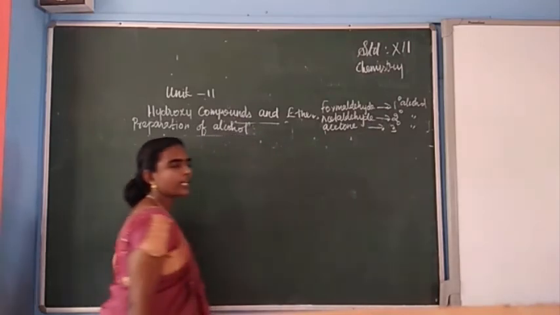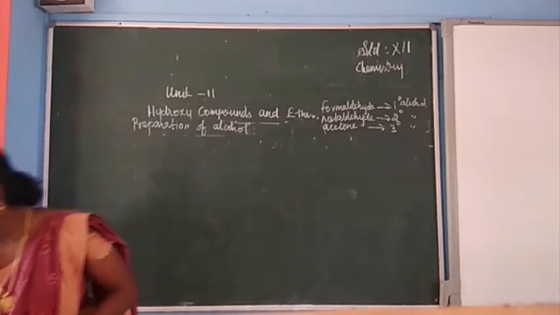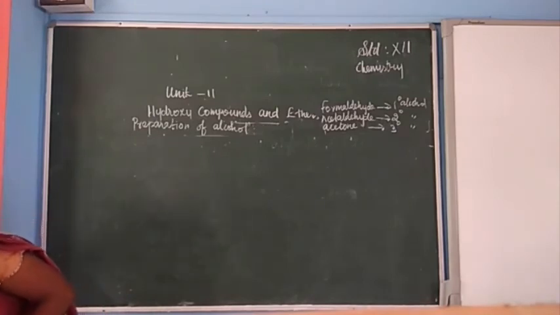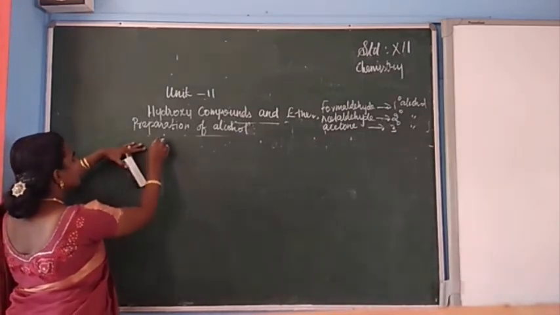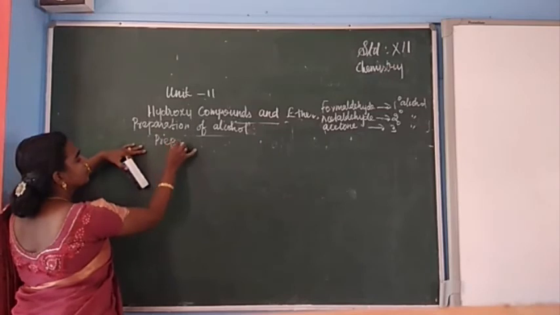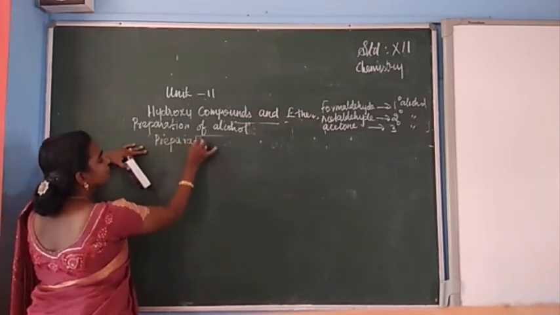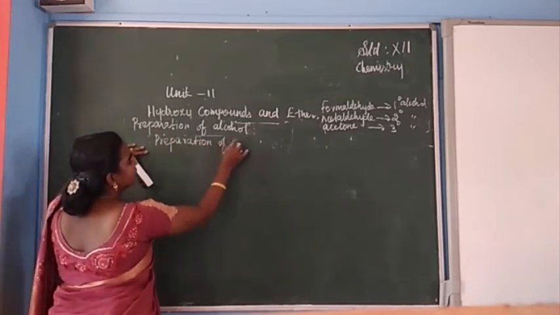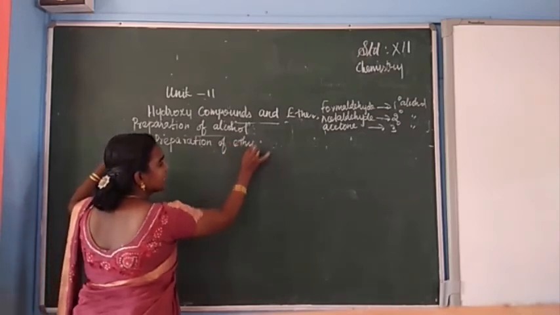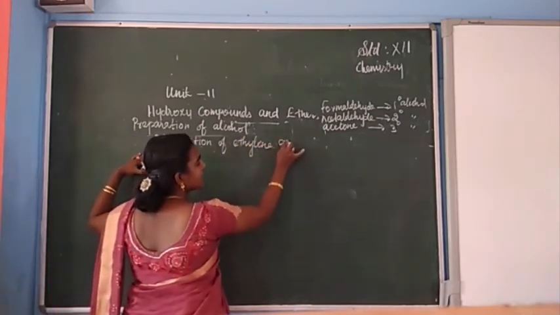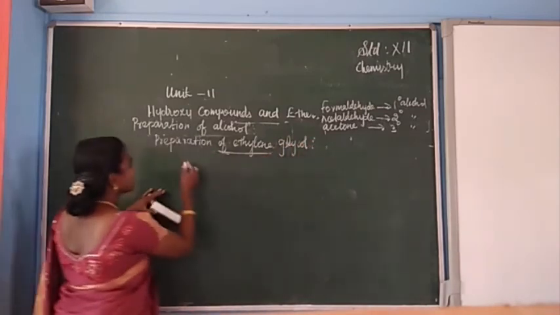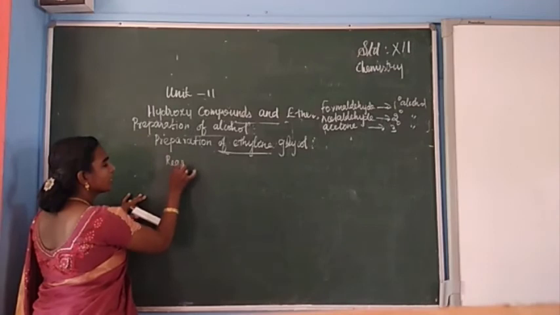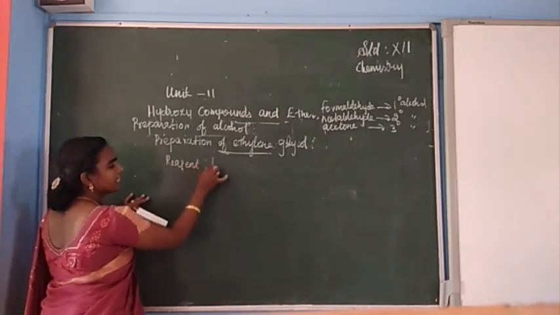The next method: we can prepare ethylene glycol from ethylene using Bayer's reagent. Preparation of ethylene glycol. The reagent used in this reaction is called Bayer's reagent.